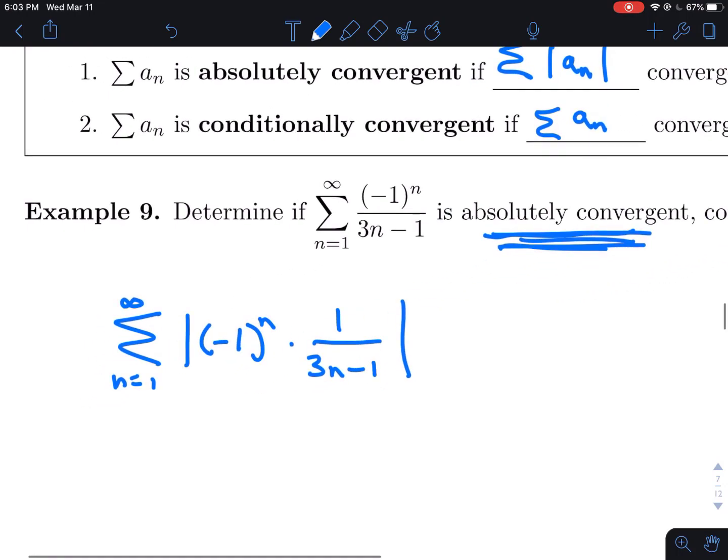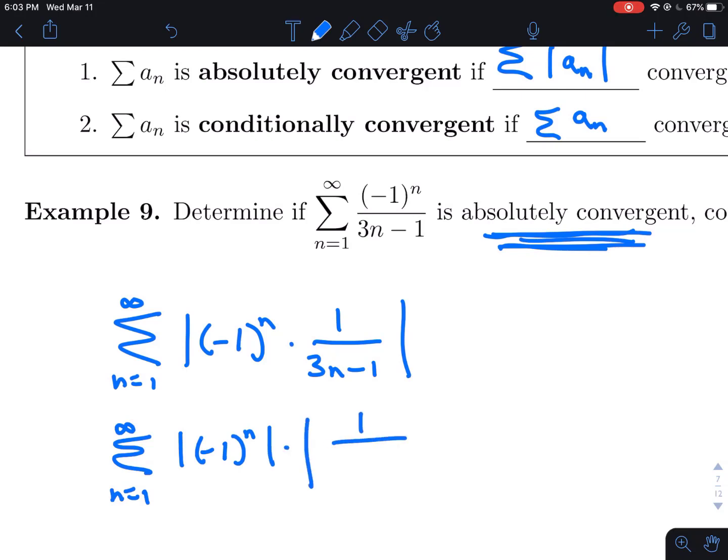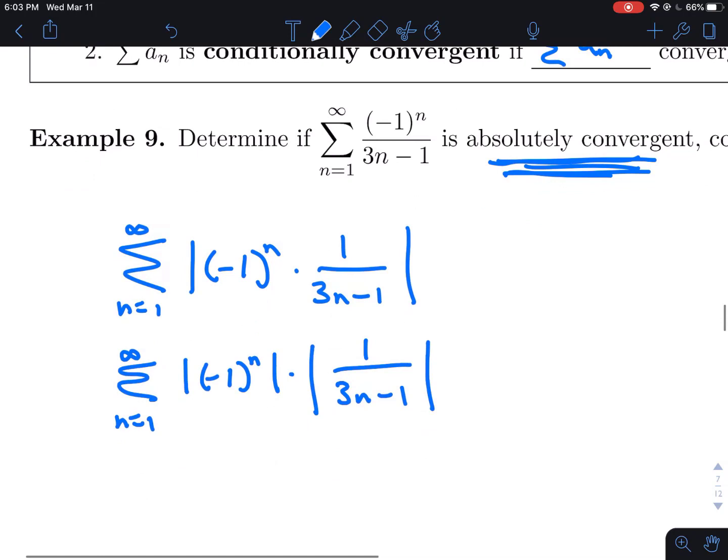And remember, a great property about the absolute values is that you're allowed to break them up across multiplication. So I'm going to write the sum from n equals 1 to infinity, apply my absolute value to (-1)^n, and then apply the absolute value to 1 over 3n minus 1.